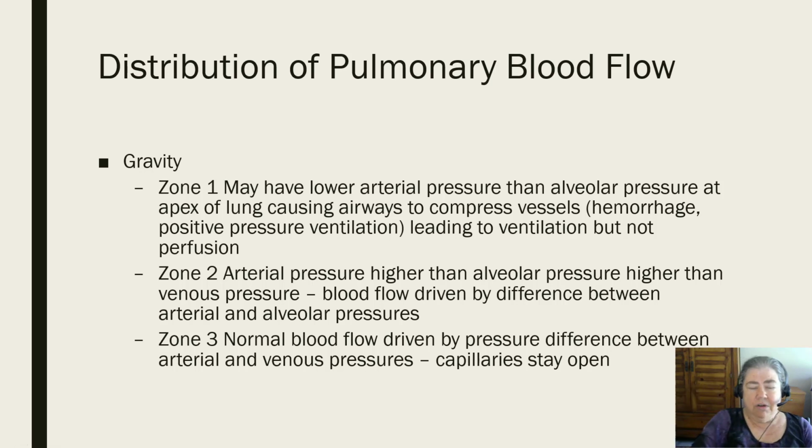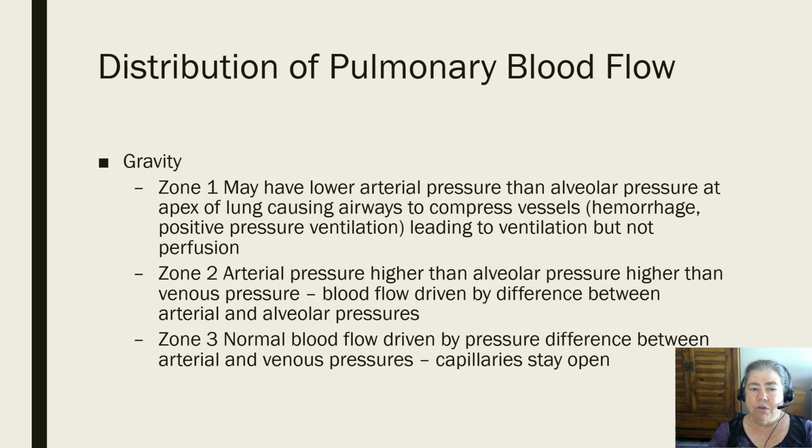I mentioned earlier that gravity affects the pressures in the lung, particularly when we were talking about the pressure, the size of the alveoli and the expansion of the alveoli, but it also affects pulmonary blood flow. You remember zone 1 at the apex of the lungs, zone 3 at the base of the lungs.